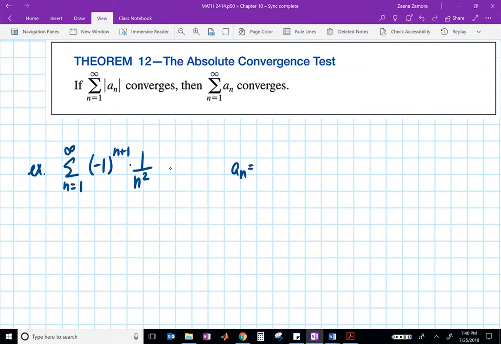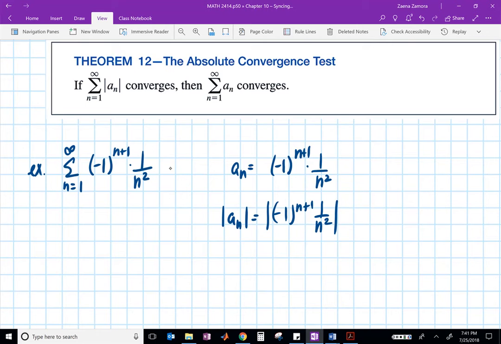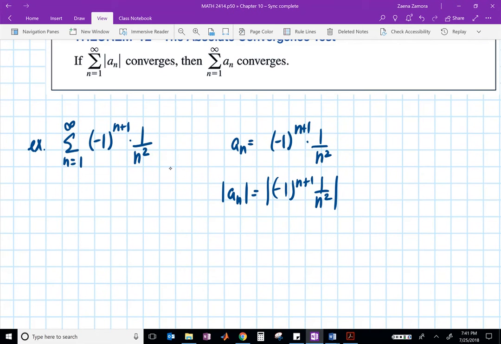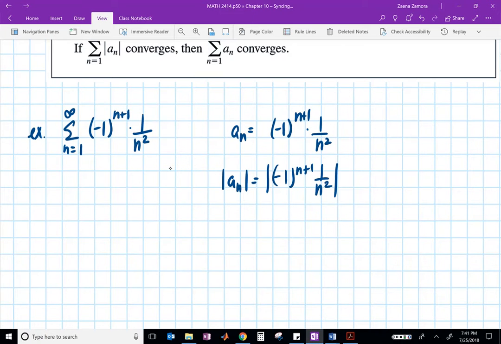My a sub n is (-1)^(n+1) times 1 over n squared. So the absolute value of a sub n is the absolute value of (-1)^(n+1) times 1 over n squared. What's going to happen to that -1 with the absolute value? It's going to turn into 1, so we have 1 times 1 over n squared, which is just 1 over n squared.